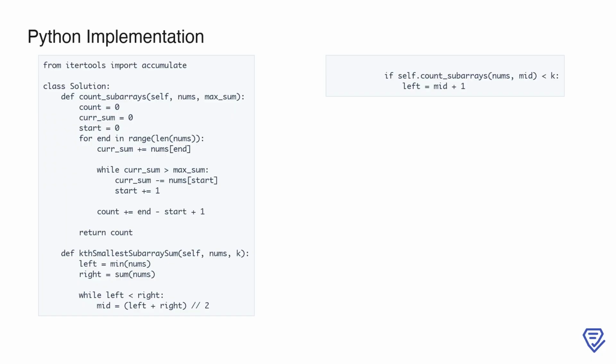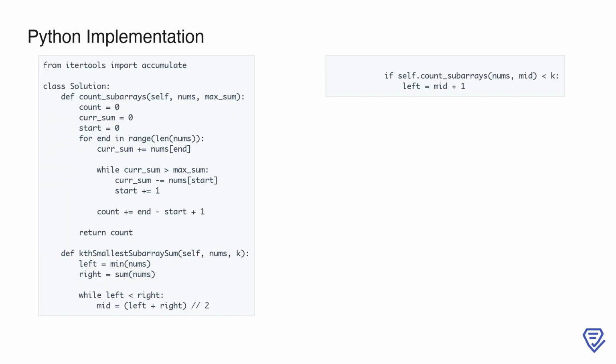If the running sum exceeds max_sum, we adjust the start pointer to shrink the window from the left and reduce the sum. Once the window satisfies the condition, we count all valid subarrays ending at the end index by adding end minus start plus 1 to the total count. This method ensures efficient computation of subarray counts within the given constraint.